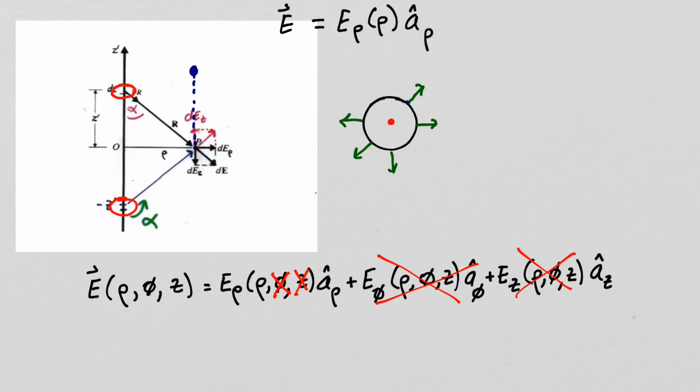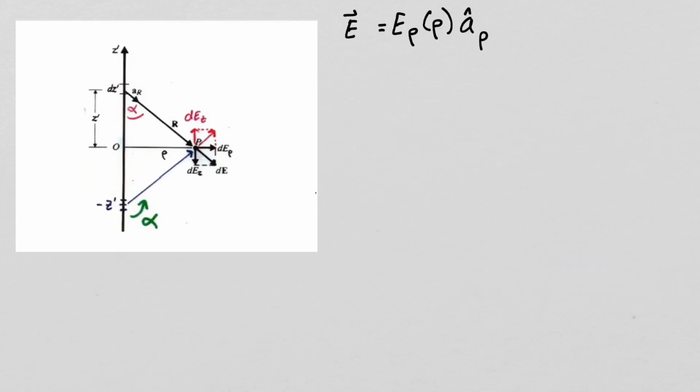Our line charge is only along the z-axis, so dl is going to be dz. Each dl will have a charge associated with it, and that differential charge we'll call dq, and it will equal rho sub l dz.